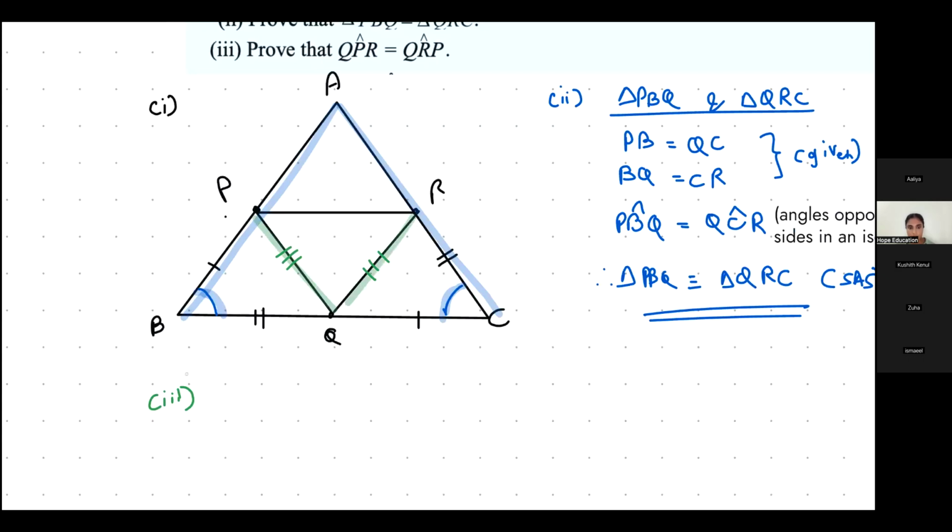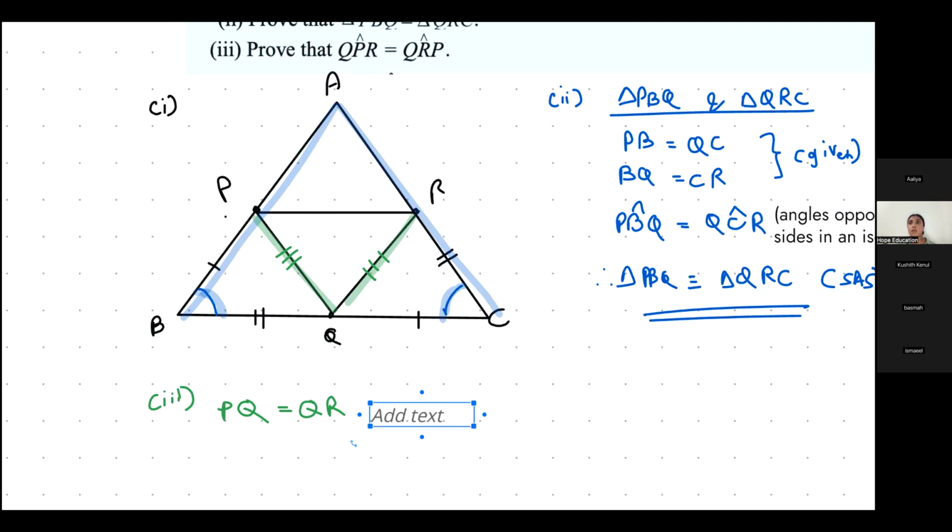Why are they equal? Yes. Are they corresponding sides of congruent triangles? Very good. Corresponding sides of congruent triangles.